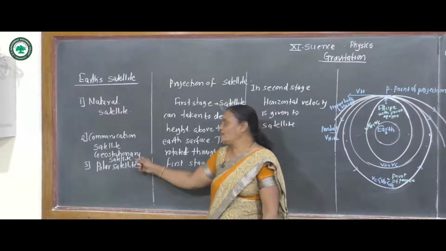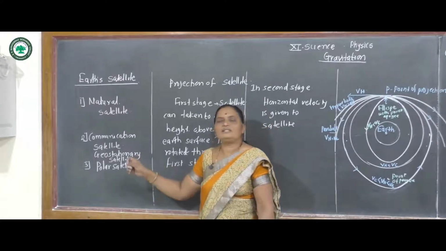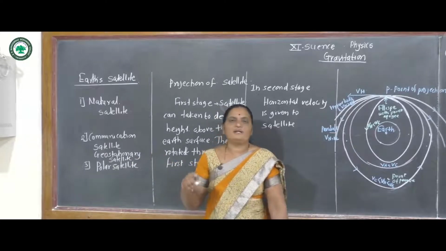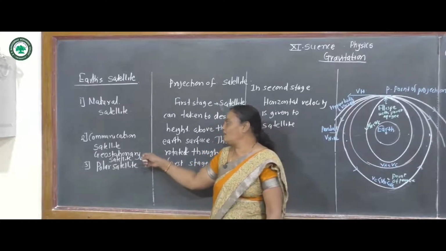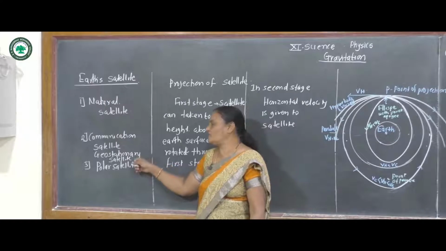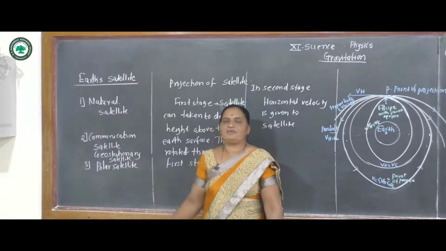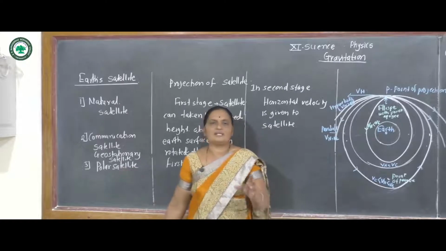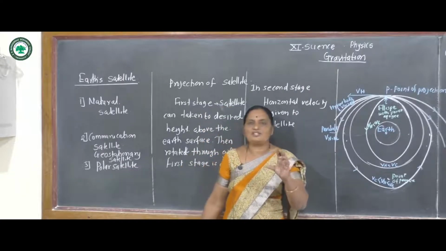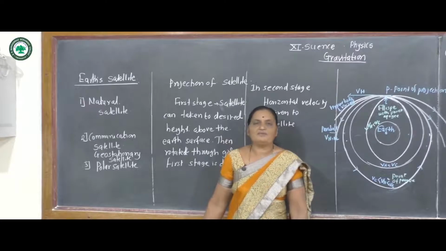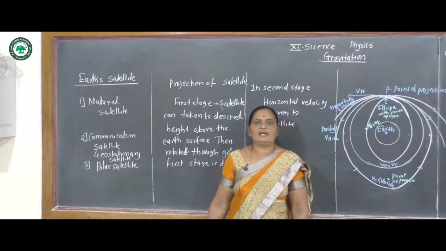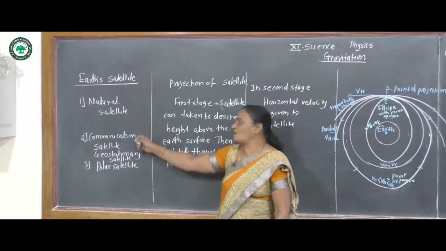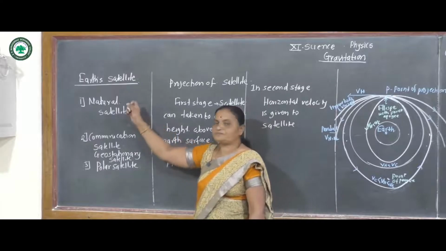The satellite revolves around the Earth in the sense of Earth's rotation, and the period of this geostationary satellite is 24 hours. Now the polar satellite revolves around the Earth at a very short distance, that is 500 kilometers to 800 kilometers. These are all about the satellite.